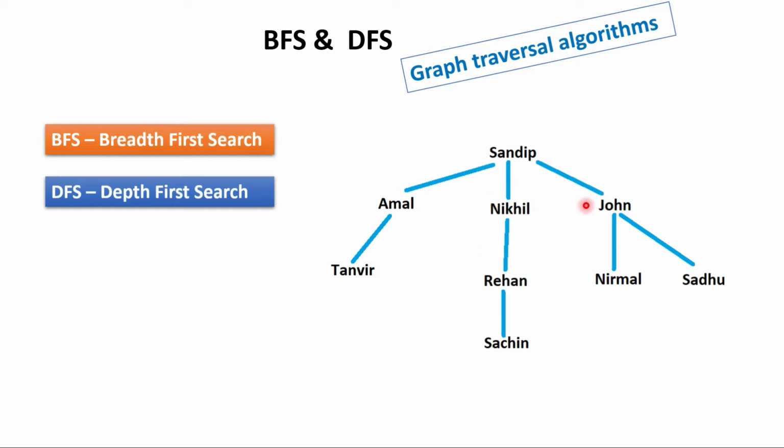Then you go back to John, not one level down from here, and check who are their friends, Nirmal and Sadhu. Then I come back to Rehan and check who is Rehan's friend, that is Sachin.